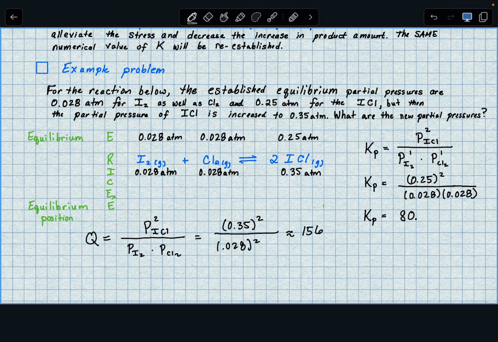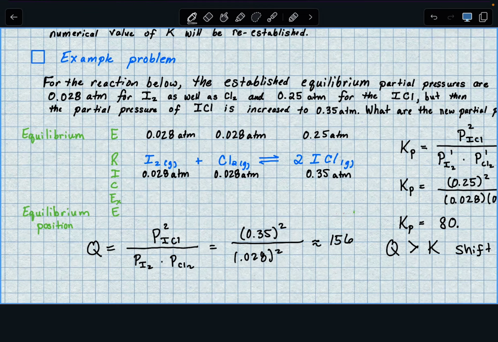And what that means now is that the Q value is greater than the K, and you might have learned this in a different set of topics. So that means it's going to shift to the left, which means we have to produce more reactant and decrease our product amount. What that allows us to do is put in our minus X and plus X values in the C, or change, column of our data table up here.